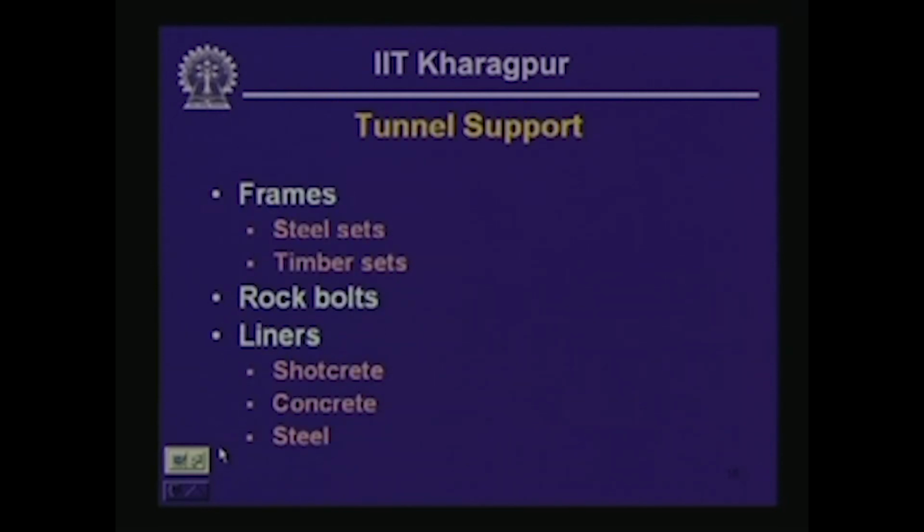Tunnel supports: what types of tunnel supports can we have? We could install frames of steel and timber inside the tunnel opening, and that is going to support the possible unstable blocks on the roof and the side wall of the tunnel. We could install rock bolts, as we have seen, or we could install liners.